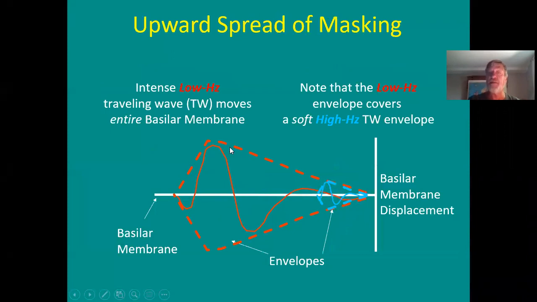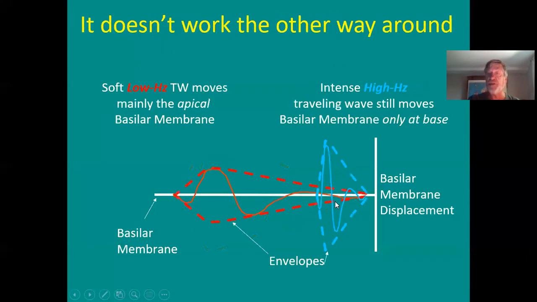Okay, because the envelope of the traveling wave will involve the soft high frequency sound, but it doesn't work the other way around. Okay, a high frequency sound cannot mask or cover a soft low frequency sound. So in red now you're looking at a soft low frequency sound, and in blue you're looking at a loud high frequency sound. And this wave is not moving out here. It's not involving any of this.